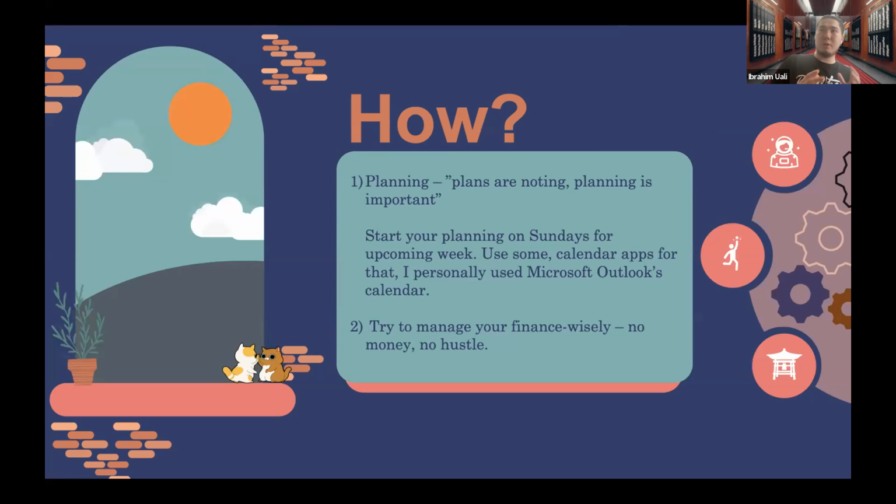Why? Because in the Microsoft Outlook calendar, there are times from 9 to 5, which are working hours, and after that it's not working hours. It helps me deal with my work-life balance, because sometimes when you overwork and overstudy, you can be very unproductive in the upcoming days. That's why I personally like Microsoft Outlook, especially since we have Microsoft 365, and I think that will be easier for everyone.